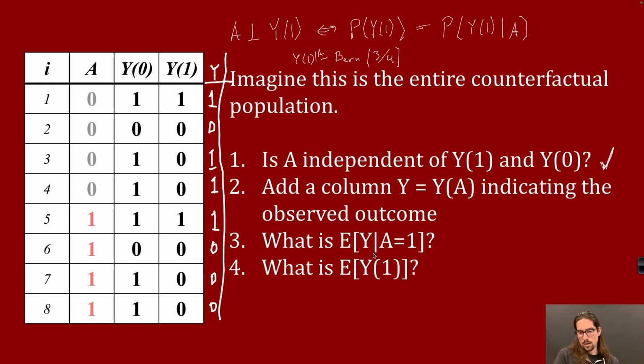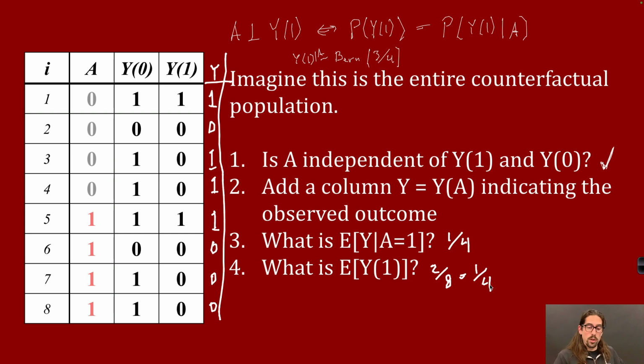And now let's calculate the expected value of Y given A equals 1. So in the subpopulation that's treated, what is the mean value of Y? It's 1 out of 4, right? And then what's the expected value of Y1 of this entire column? That will be 2 out of 8, which is equal to 1 out of 4.